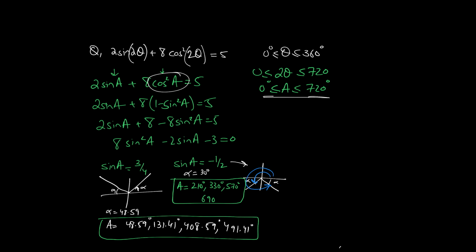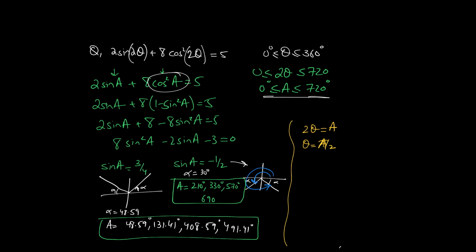But we weren't asked to find the angles for a, we had to find the angles for theta. We know that 2 theta was equivalent to a. So in order to find theta, we had to divide a by 2. So you have to divide all of these angles by 2.